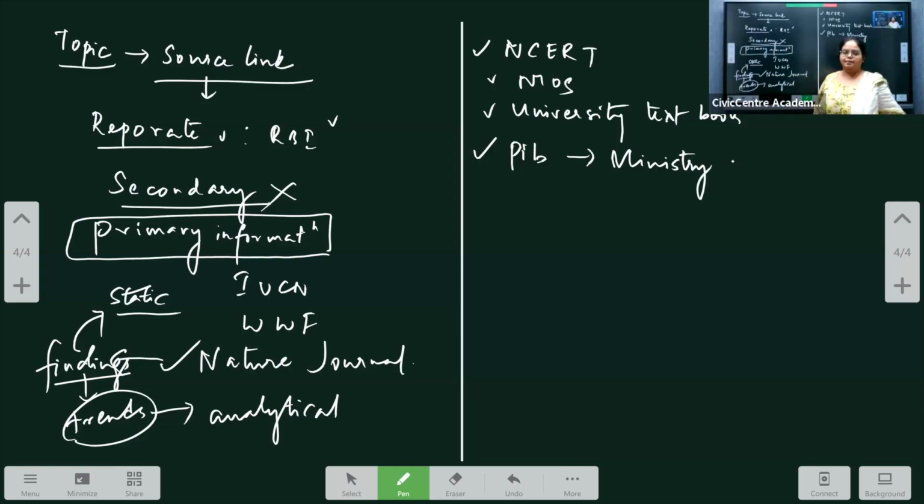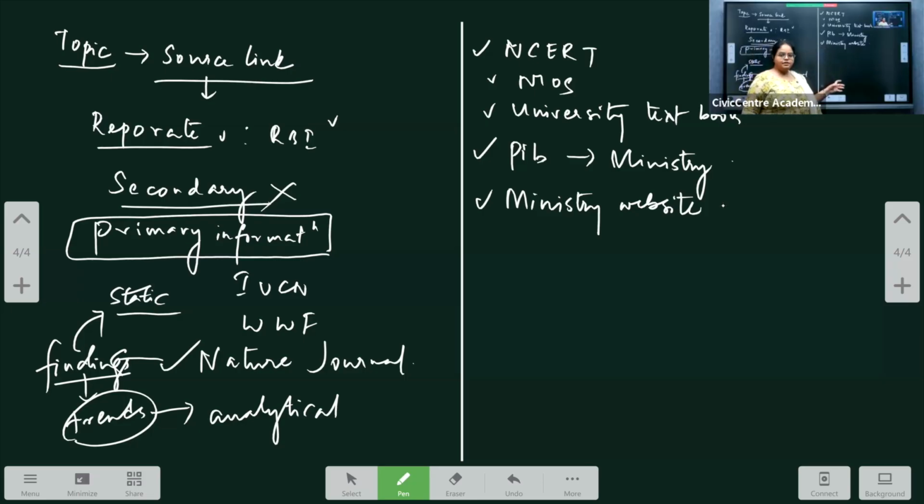All the content is updated there. If it is not even found there, you have the ministry website itself. You will have to find the information from all these primary sources.